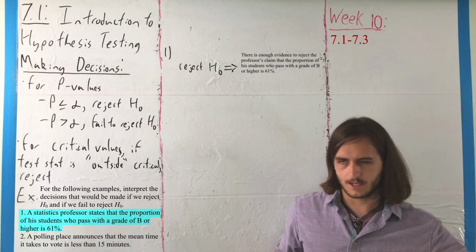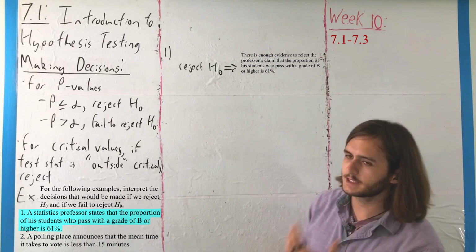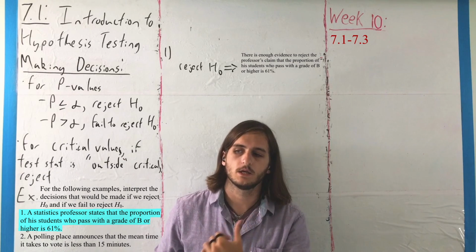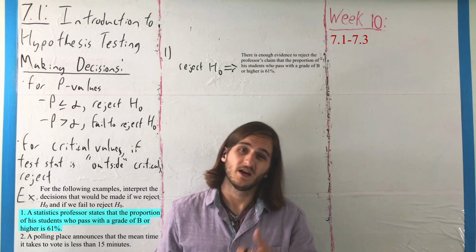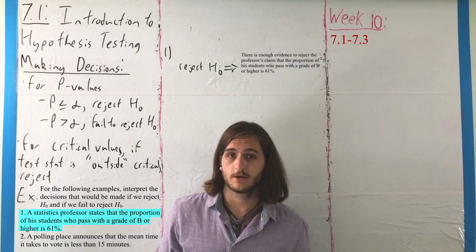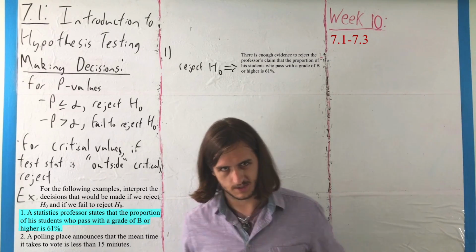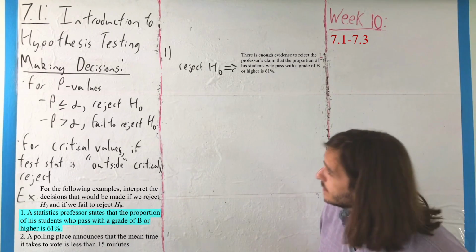There's a lot of pickiness in that language beyond there, but that's the important part. If you reject the null and you are claiming the alternative, you're supporting the alternative. It's a bit of a flowchart logic that I may talk about more later.